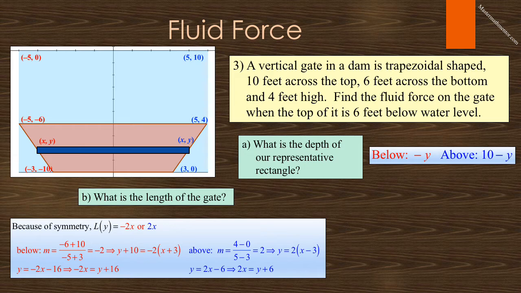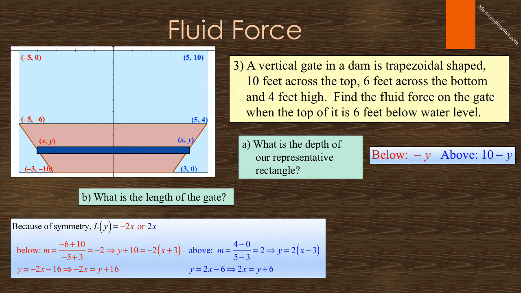In the previous problem, the length of our gate was a constant because the shape was a rectangle. But now it is no longer a constant as the shape is a trapezoid. However, we can say that the length of our gate is either equal to negative 2x or positive 2x.